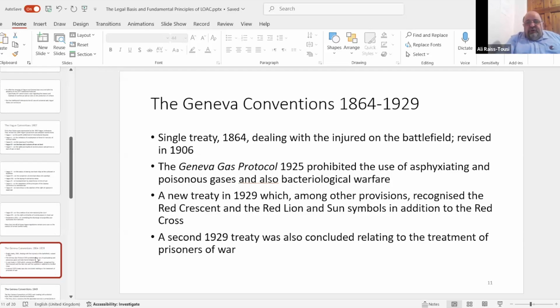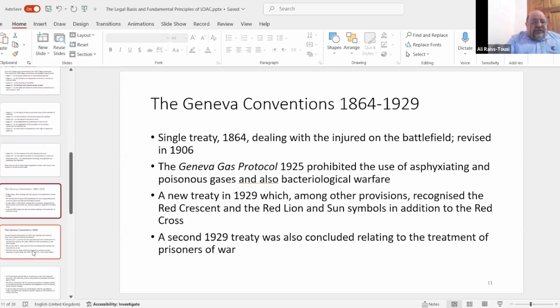So the use of those was formalized in 1929. In 1929, a second Geneva Convention, a second treaty, was also agreed dealing with prisoners of war. And this took us to the Second World War.